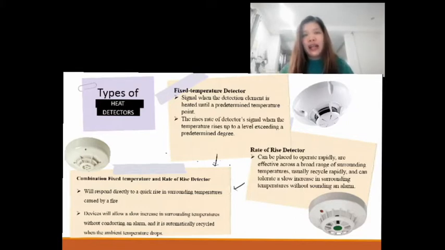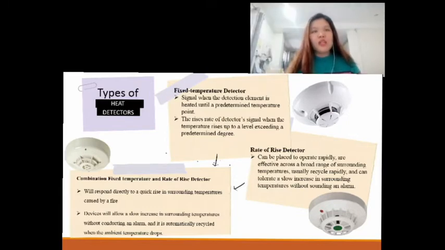Rate of rise detectors can be placed to operate rapidly, are effective across a broad range of surrounding temperatures, usually recycle rapidly, and can tolerate a slow increase in surrounding temperature without sounding an alarm.